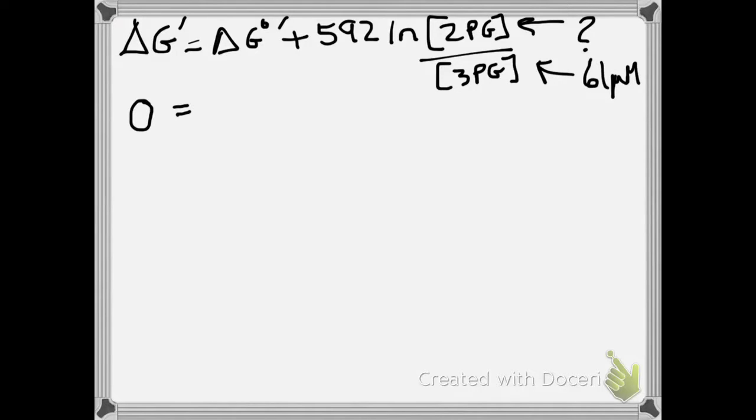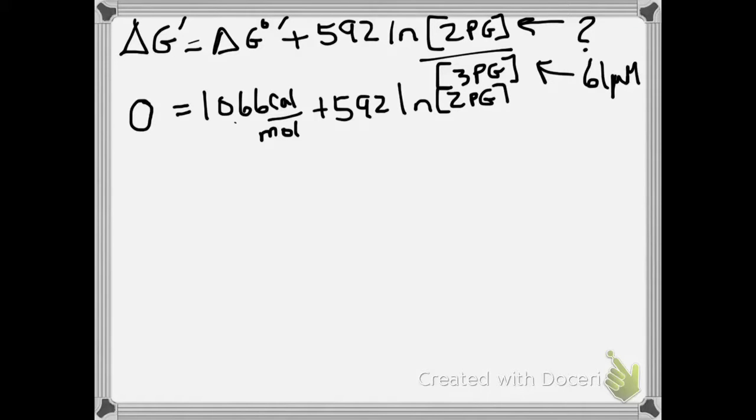Okay, this is going to be our unknown, and the 3 PG is going to be set at 61. So we're going to write this into the equation. We already calculated what the standard free energy change was. Remember, it's positive, times the natural log. The concentration of 2 PG is still unknown, but the concentration of 3 PG is 61 micromolar. Okay? Now I'm going to draw those big parentheses there because in order to deal with the natural log, you have to do something special mathematically to the equation.